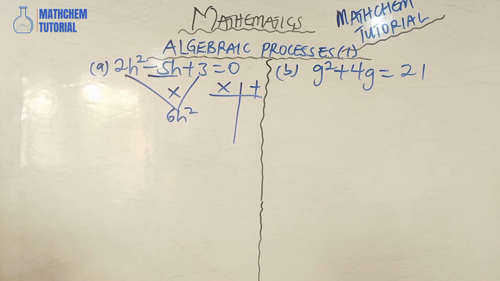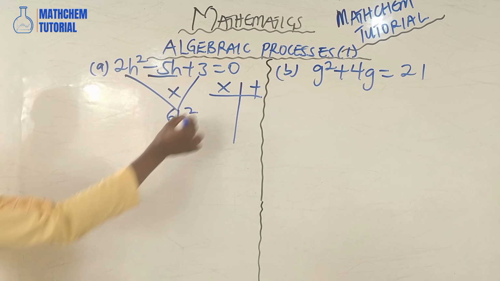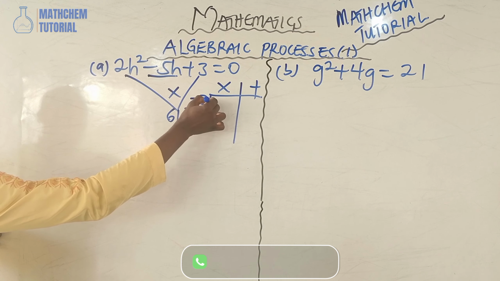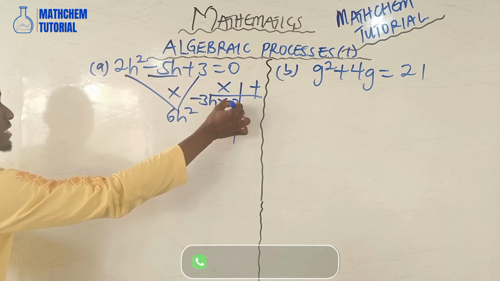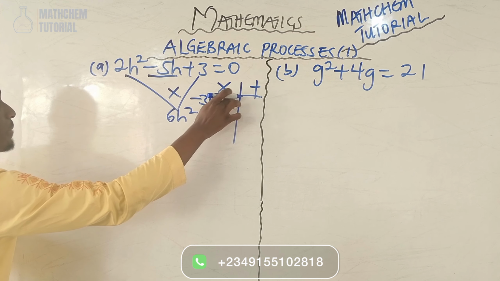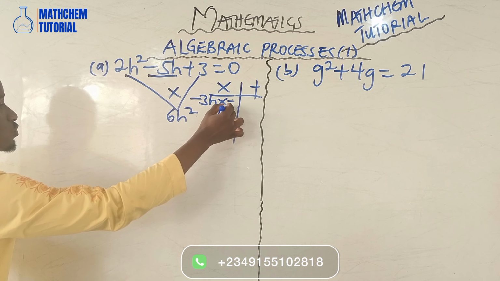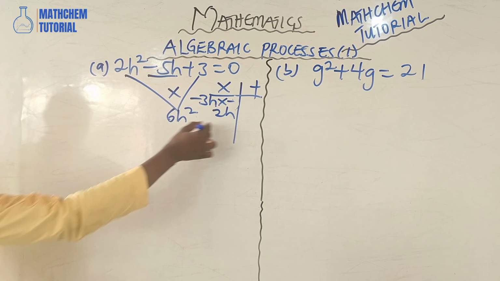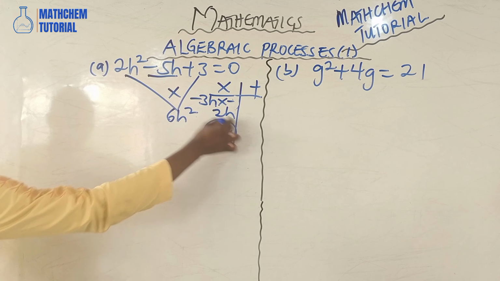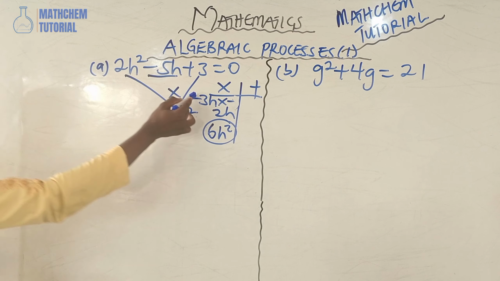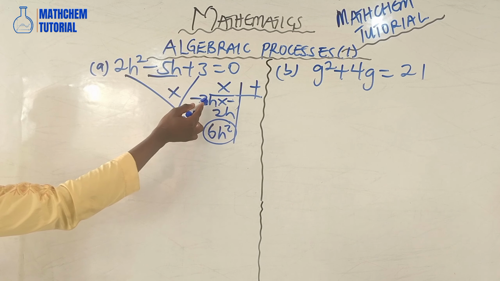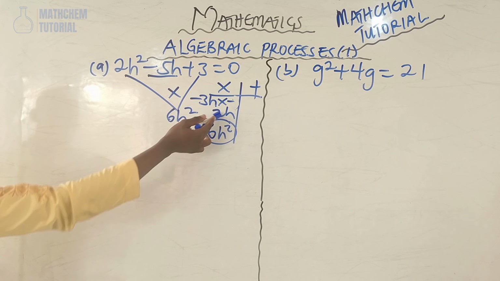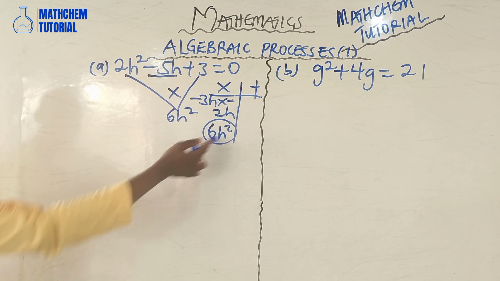Now let's think of 2 numbers. Basically, the numbers we are going to use should be minus 3h and minus 2h. If I multiply minus 3h times minus 2h, that's going to give me 6h squared, because minus times minus gives me plus, 3 times 2 gives 6, and h times h gives h squared.